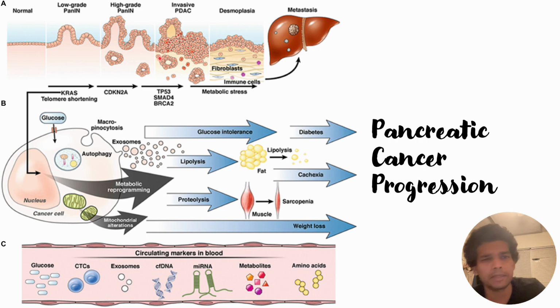At this stage, the desmoplastic reaction increases in such a way that it will affect both the fibroblasts and the immune cells in the pancreas, and this pancreatic cancer will lead to metastasis from the periphery of the pancreas to different parts of the pancreas of the patient.